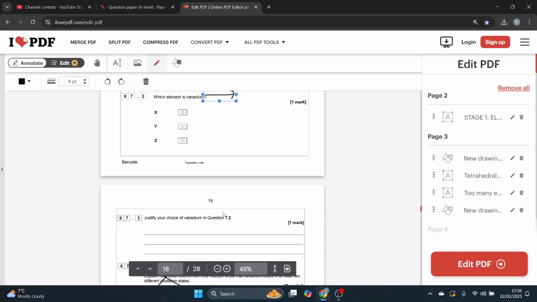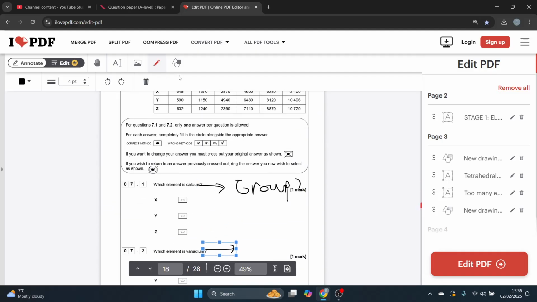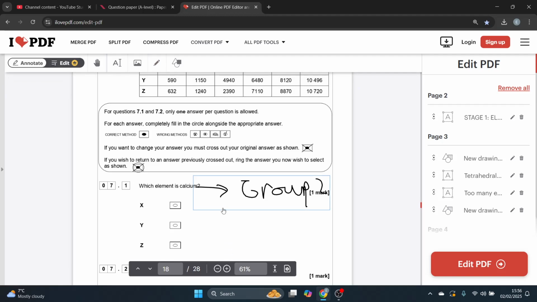Okay, anyway, and then so which element is calcium?